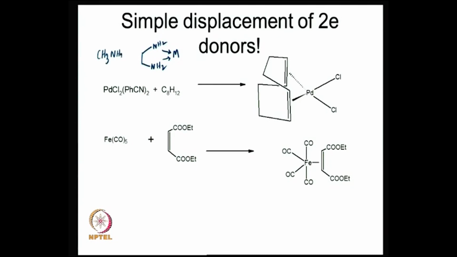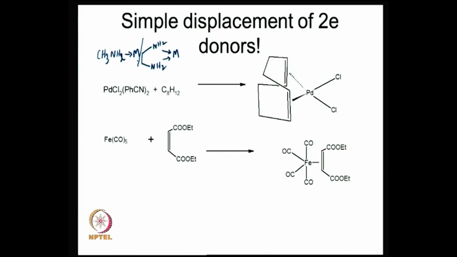So, CH3NH2 coordinated to a metal versus ethylene diamine coordinating to a metal. These two systems are differentiated by the so called entropic effect, the chelate effect, which leads to more stable complexes.